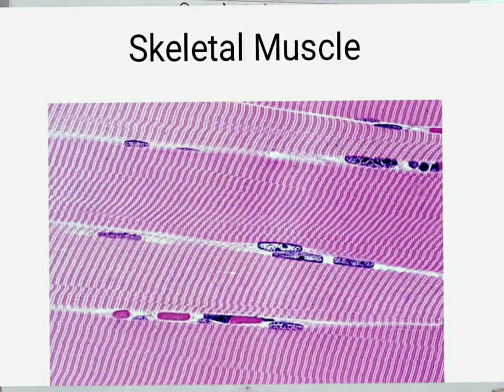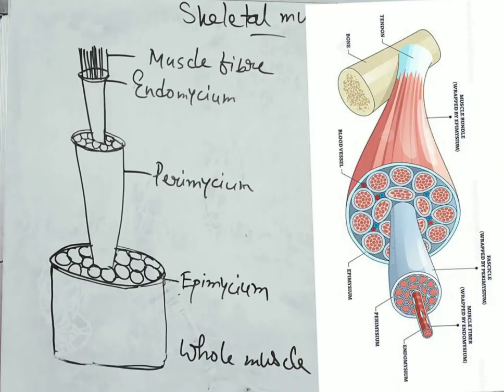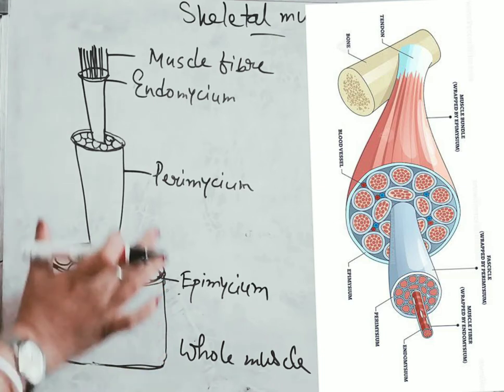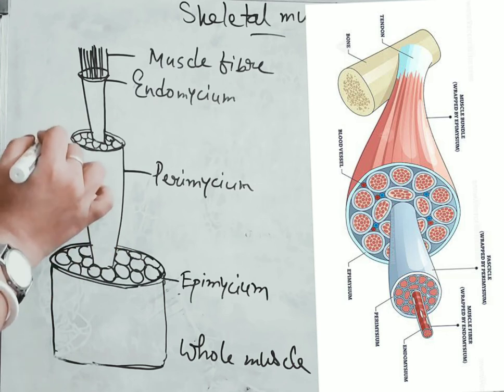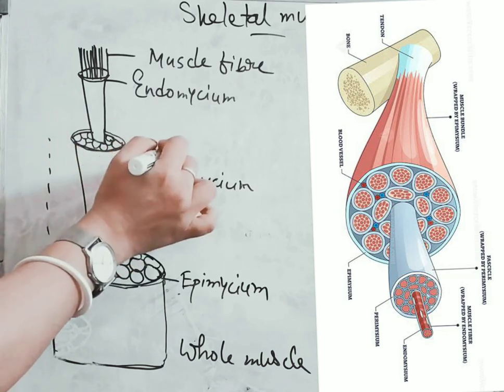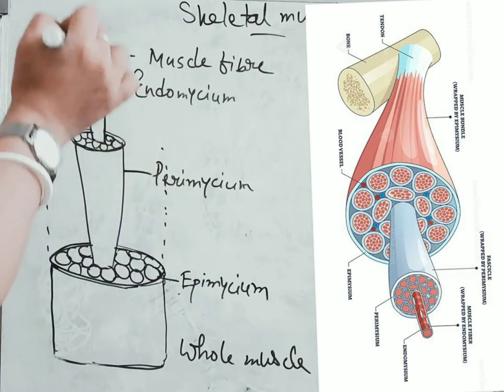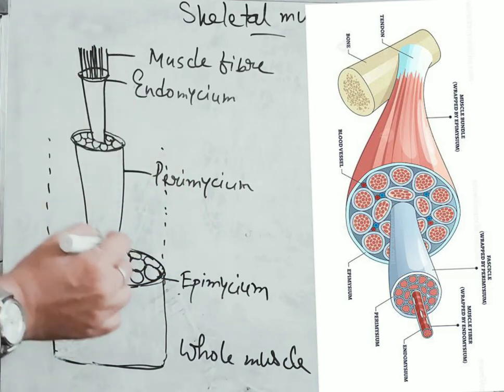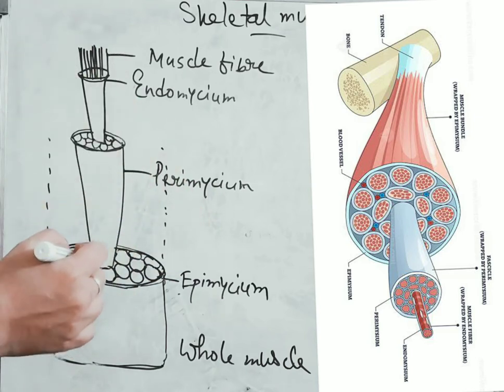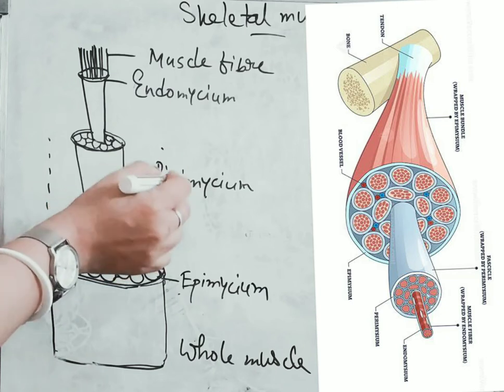Now, in this diagram, we can see the whole muscle bulk. So this is the whole muscle, generally what we see, and we find here that the whole muscle is made up of different bundles, and each bundle covering is called perimysium.